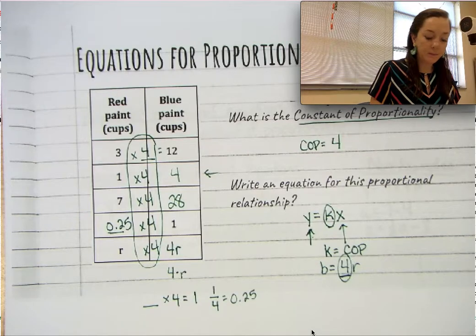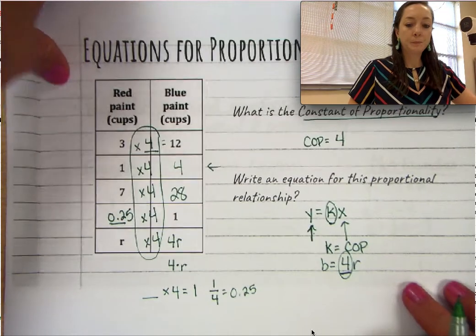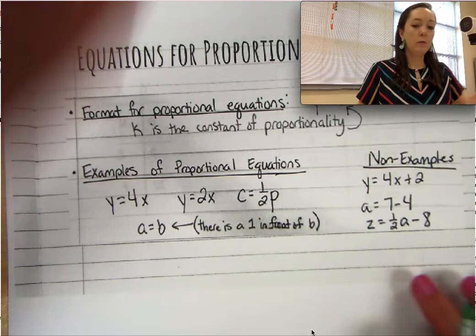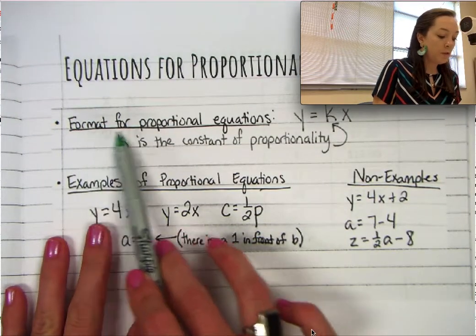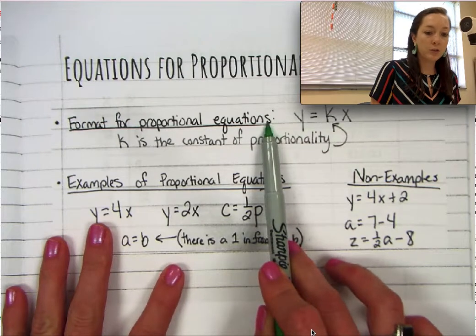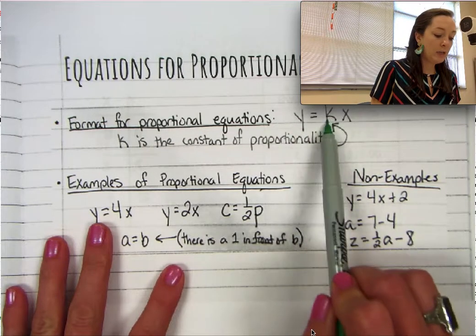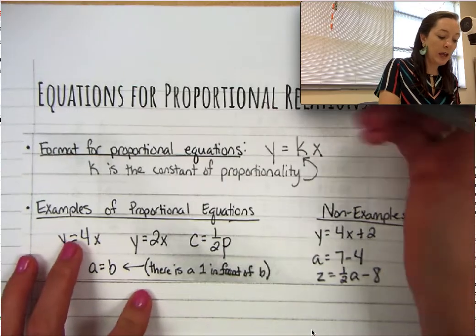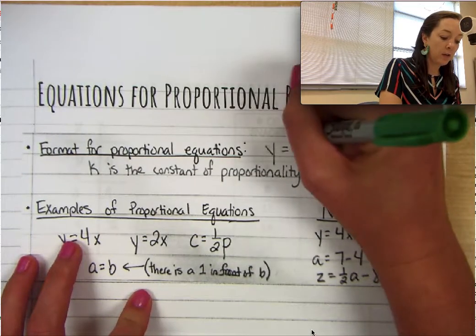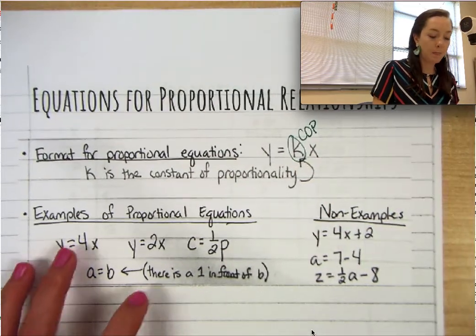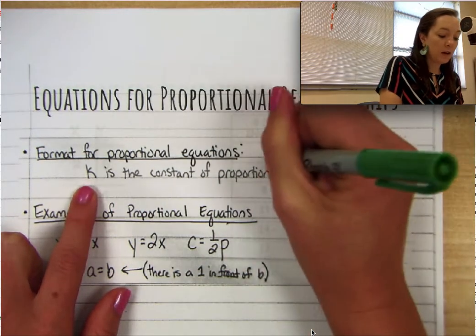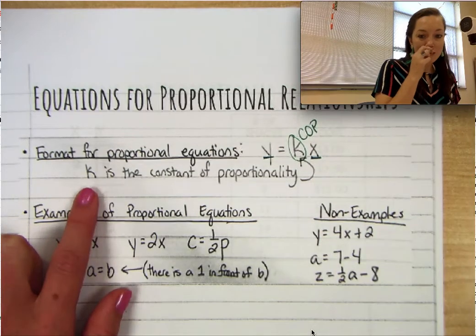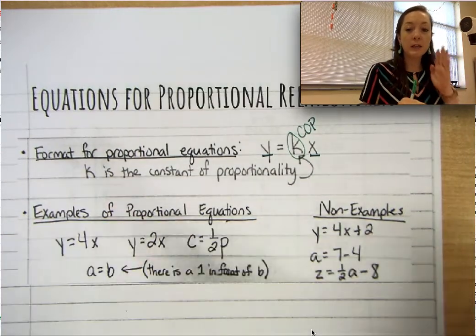All right? These are in your notes, or you're going to copy them in your notes. So the format for proportional equations is y equals k times x, and k is your constant of proportionality. The variables y and x don't matter as much, but it needs to be in that format.